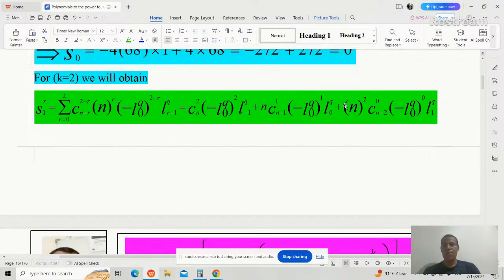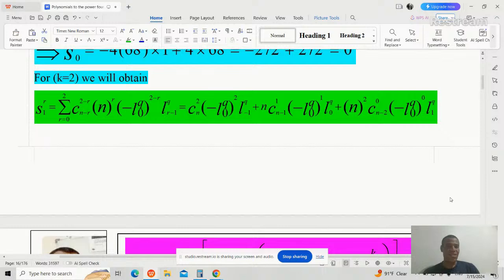For K equal to 2, we'll obtain S1 of order r, because 2 minus 1, equal the sum from 0 to 2, combination n minus r, choose 2 minus r, and raised to the power r, between parentheses, negative L0 of the q, raised to the power 2 minus r, times Lr minus 1 of the q.